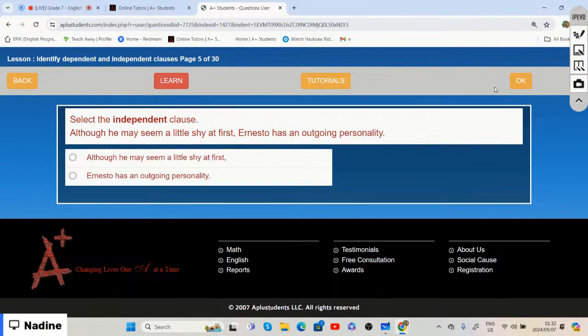Now we need to select an independent clause, and an independent clause can stand on its own. It's got a subject as well as a predicate. Although he may seem a little shy at first, Ernesto has an outgoing personality. We must choose either option one, although he may seem a little shy at first, or option two, Ernesto has an outgoing personality.